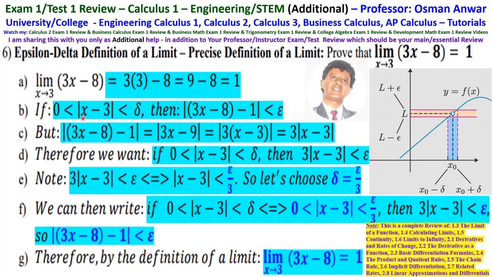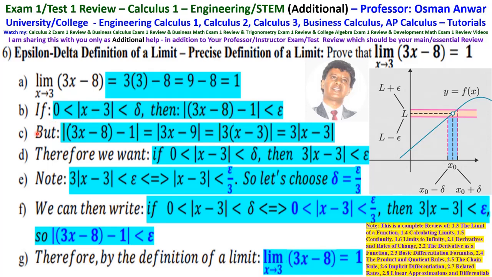Then if the absolute value of x minus 3 is between 0 and delta, then the absolute value of the function 3x minus 8 minus the limit, which is 1, is less than epsilon. Now the question is, what is the relationship between delta and epsilon for this to happen?